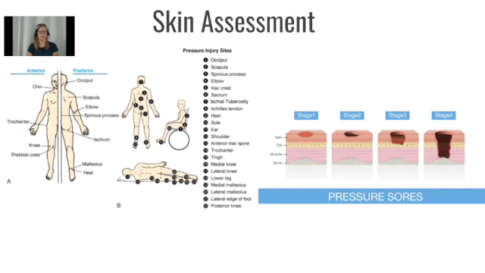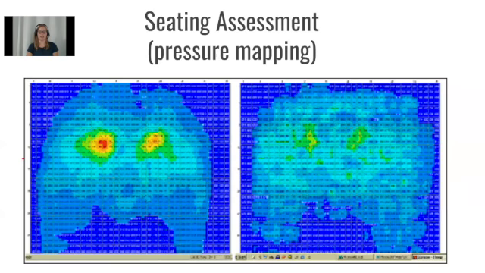The next assessment we would complete is part of a seating assessment, and it's called pressure mapping. Since you already have a good wheelchair, this portion would just be a way for us to see where you apply the most pressure when you are sitting in your wheelchair and determine if a different cushion would provide you with better relief. As you can see on this picture, the picture on the left has a bunch of red areas, which are what we call hotspots, and the picture on the right does not have that.